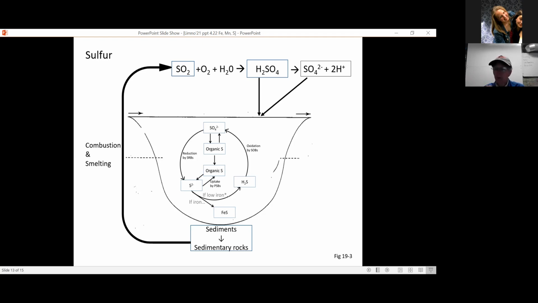Fossil fuel would be oil. So coal is made out of plants, and oil and natural gas are made out of algae. Anyways, fossil fuel. So if you dig up those sedimentary rocks and fossil fuels, and you either burn the fossil fuels, combustion, or smelt the metals.